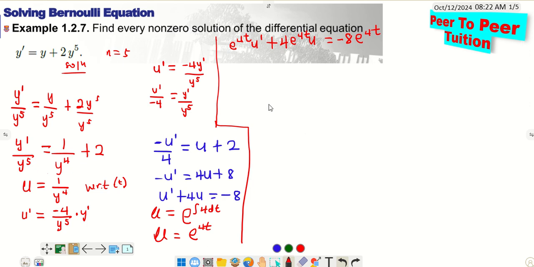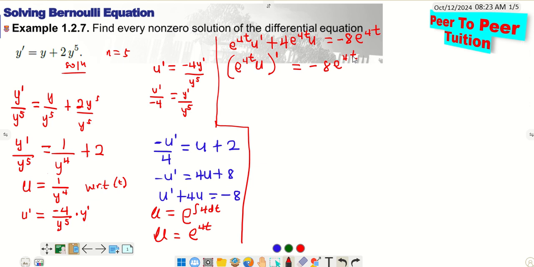When we get to this point, we know that anytime you multiply through by the integrating factor, the left hand side will be simplified as our integrating factor e^(4t) multiplied by the dependent variable here, which is u, then all prime, should be equal to the right hand side, which is negative 8 e^(4t).